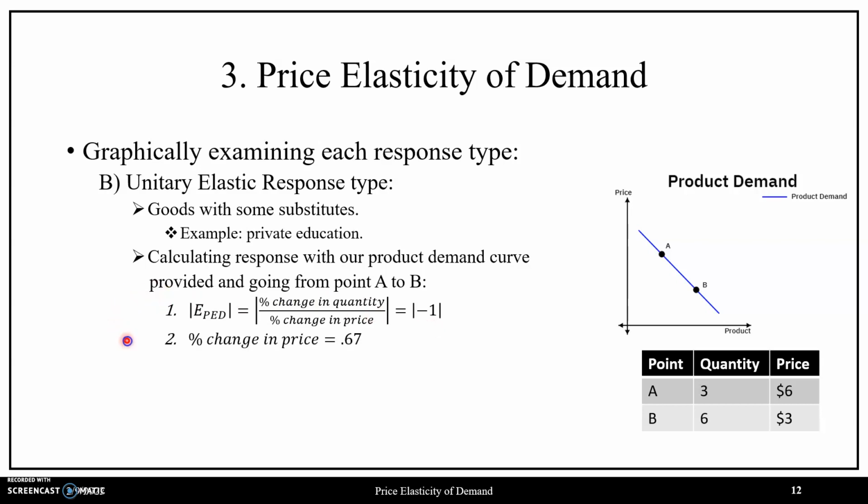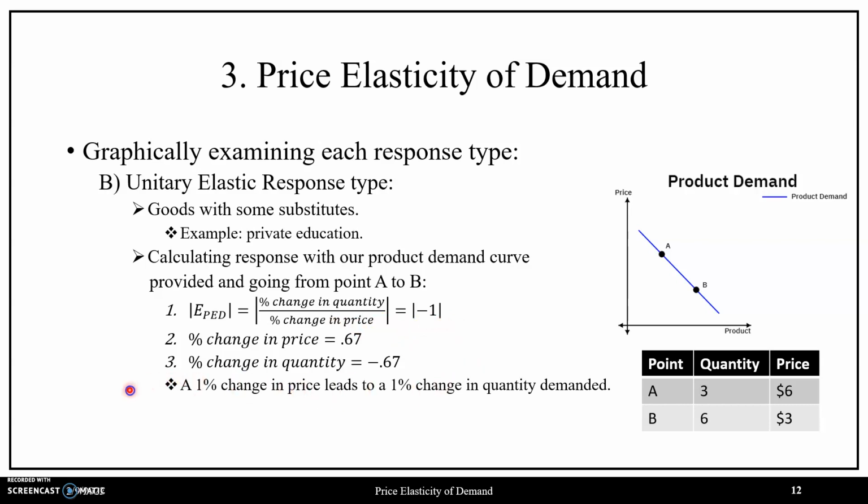And this is going to be due to our percentage change in price being 0.67, whereas our percentage change in quantity demanded having a value of -0.67, such that -0.67 divided by 0.67 gives us that -1, or in absolute value we have 1. And so the interpretation here is going to be that a 1% change in price leads to a 1% change in quantity demanded, otherwise known as the unitary elastic response.